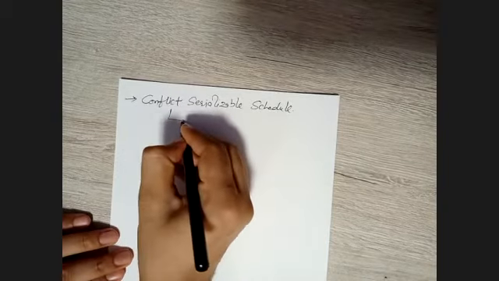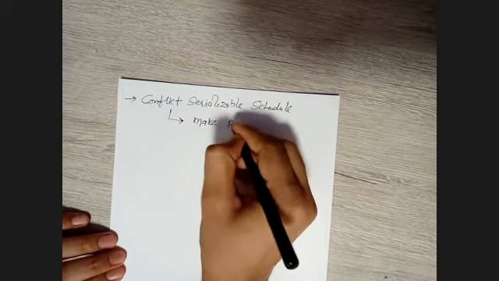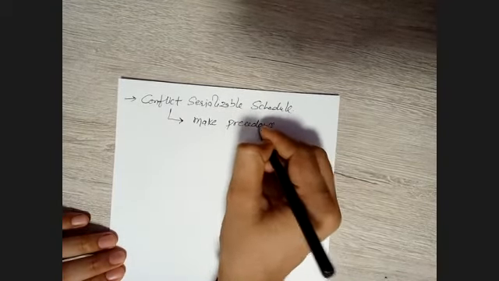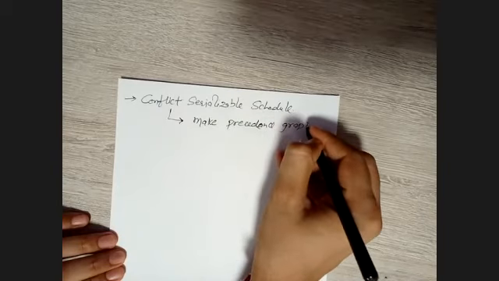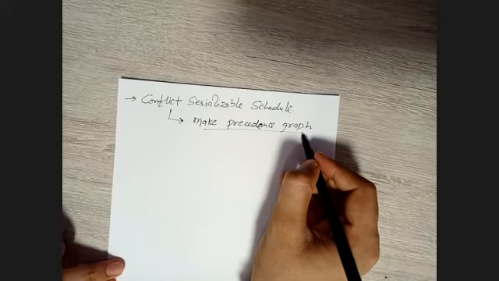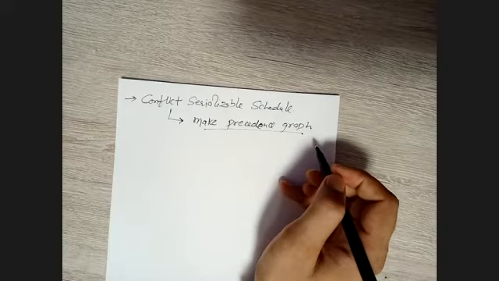First, make a precedence graph. We know how to make a precedence graph, yes or no? We identify the number of vertices and the edges between the vertices, that is the transactions.